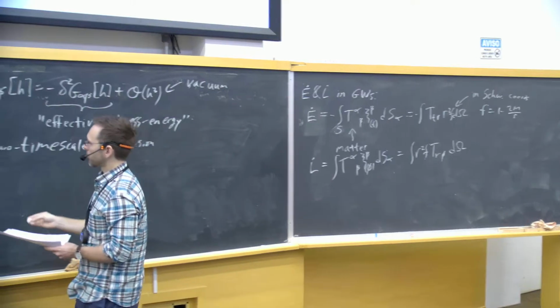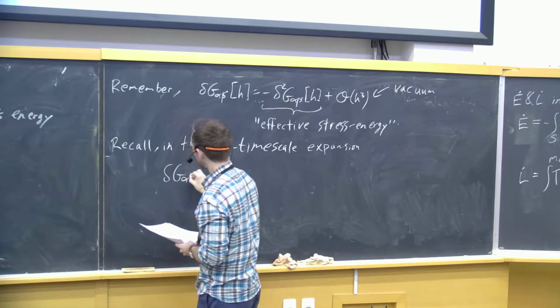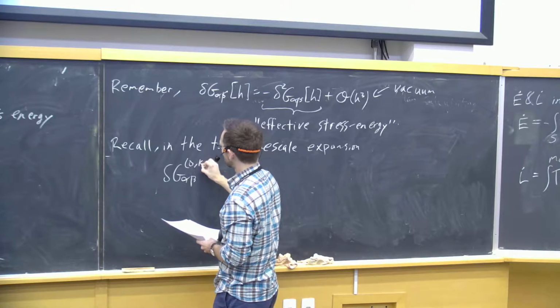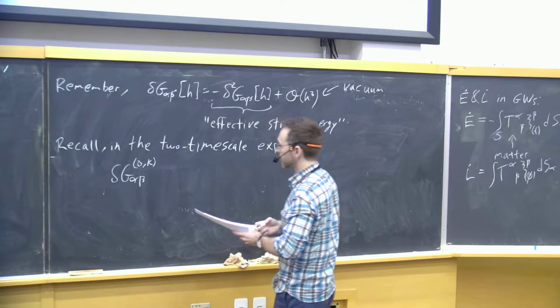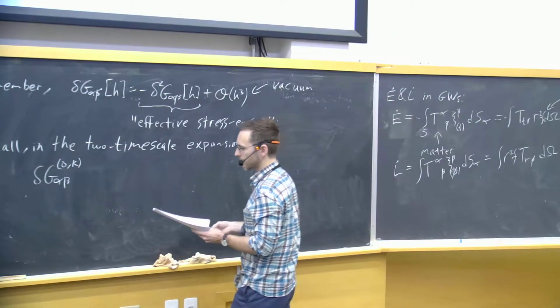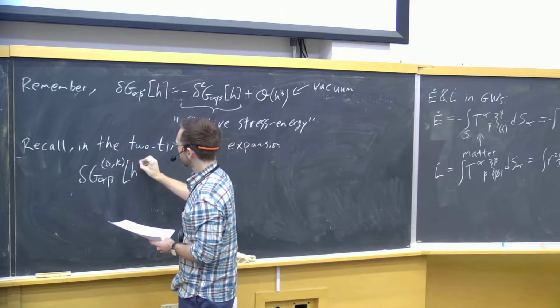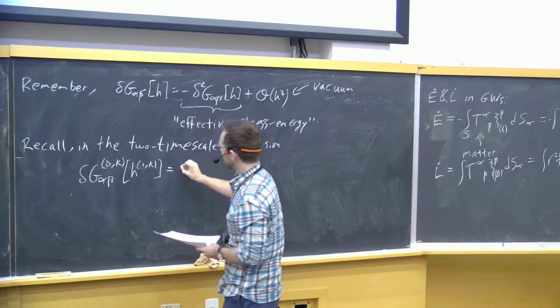So still in vacuum, what we had was this delta G alpha beta 0 K, where K labels the multiples of the phases, h 1 K equal to 0.